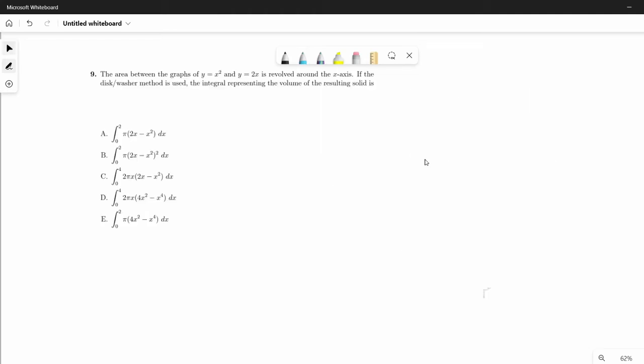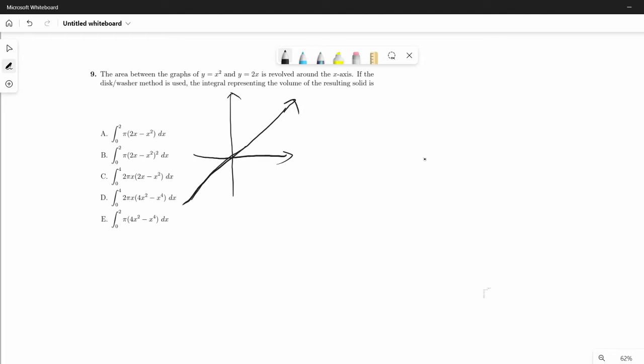For number 9, we're to use the washer method for these two functions and find out the resulting solid that's revolved around the x-axis. So first, let's graph the two functions and take a look at what is here. So first, graph the line first. That's somewhat of a line.